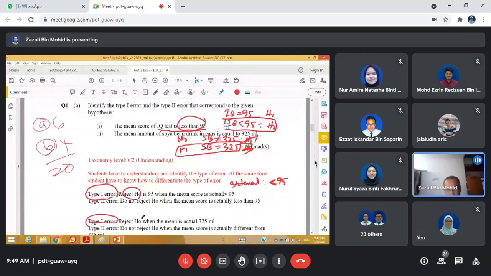The statement says that it is equal to 95. So for type 1 error, we might reject the H0 when the actual is not as the statement. When the actual is not as the statement, we reject the H0. So reject H0 when the mean is actually 95.